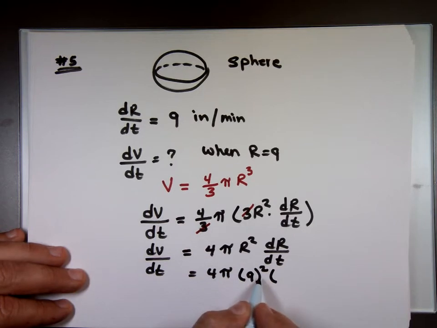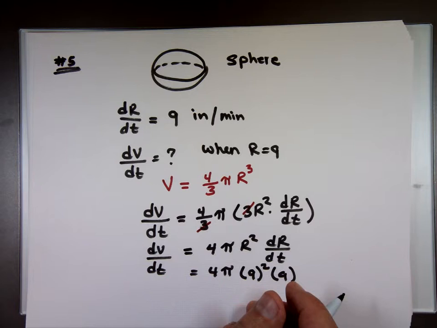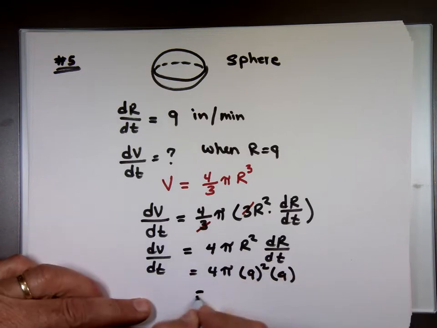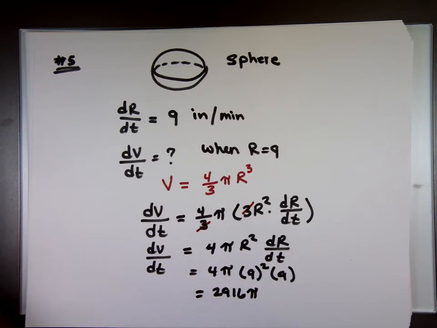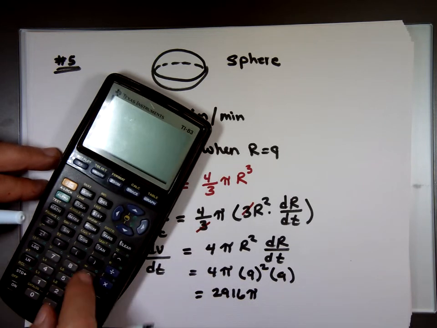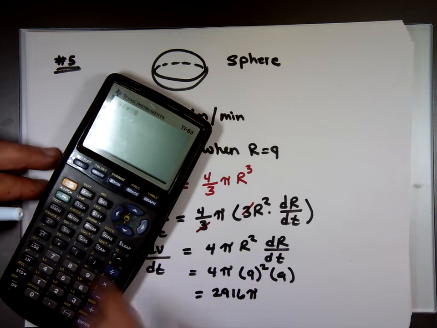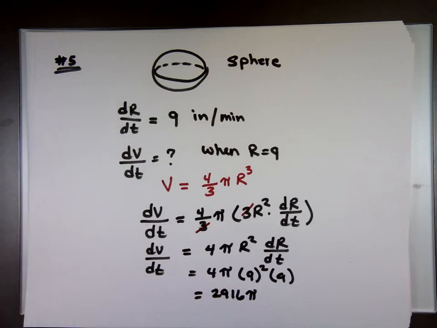Do we know what dr/dt is? 9. 9 cubed, that's 3 to the power of 6, times 4. 2916, I think. 9 squared times 9 times 4. 2916 times pi.